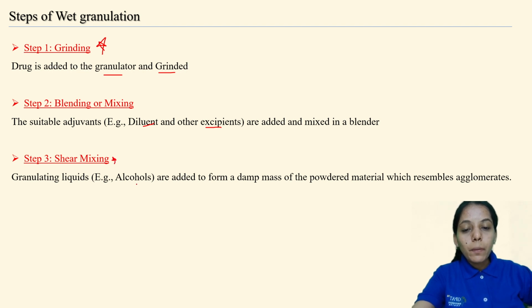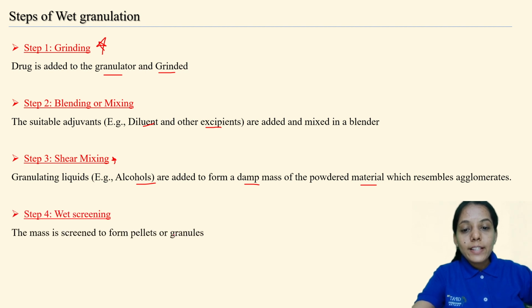Granulating liquid, for example alcohols, is added to form a damp mass. Certain alcohols are added to the mixture of diluents and other excipients with the drug, and a damp mass is formed of the powdered material, which resembles agglomerates.